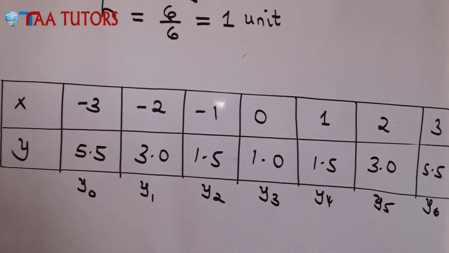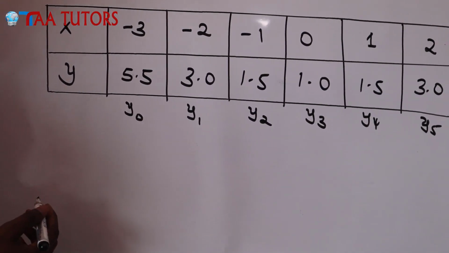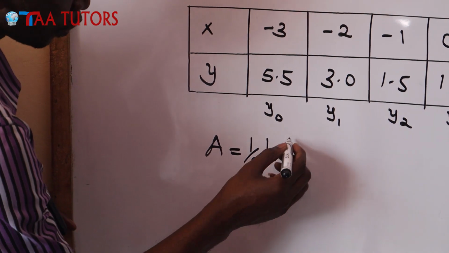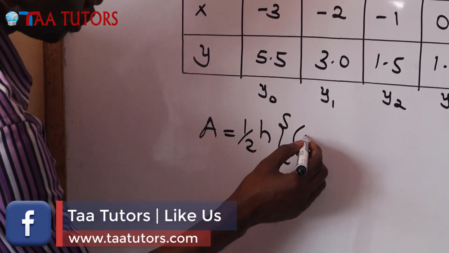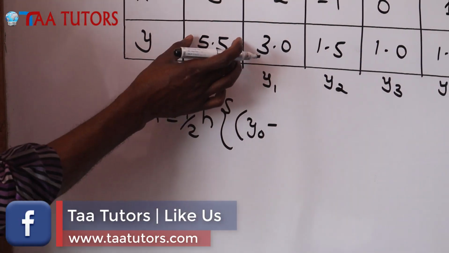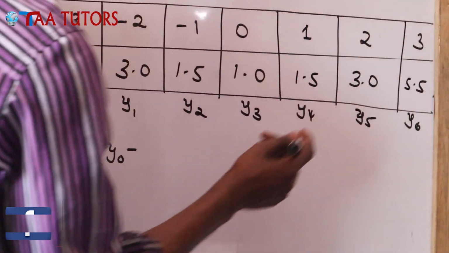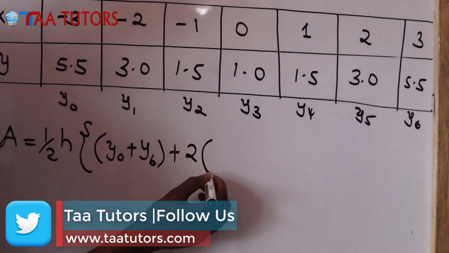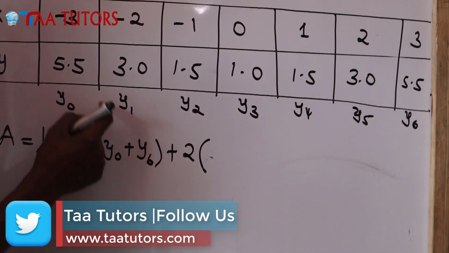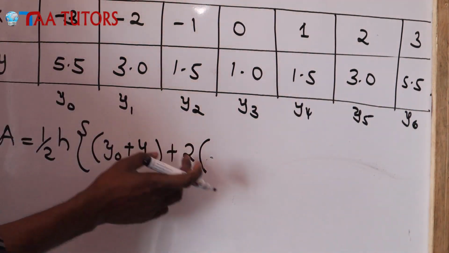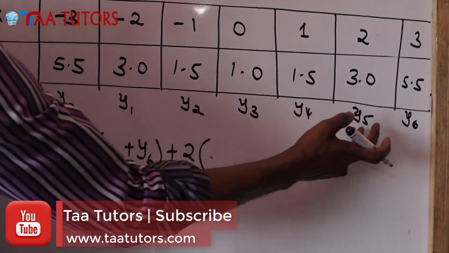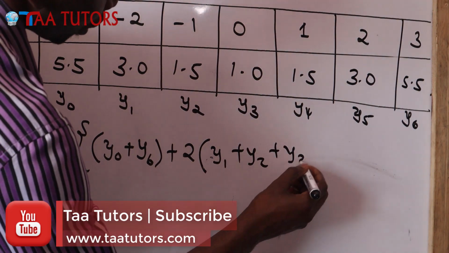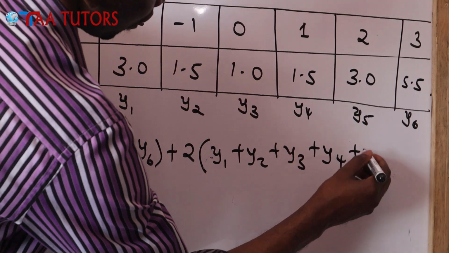We can now go with the formula to get our area, and the area we said is a half h according to the trapezium rule into y naught, in this case the first and the last, plus y6 plus 2 into the ends y naught, y6, then you have to bring in y1 to y5. So y1, y2, y3, y4, y5.